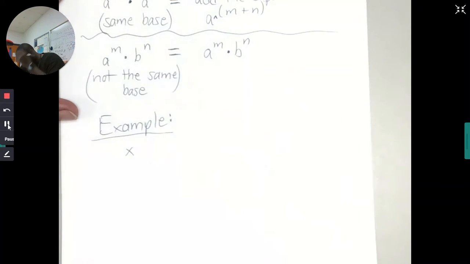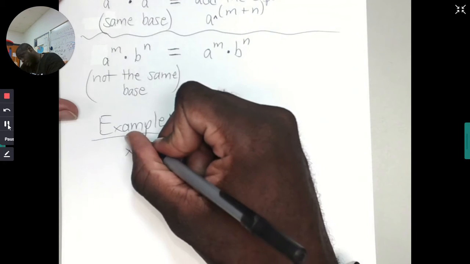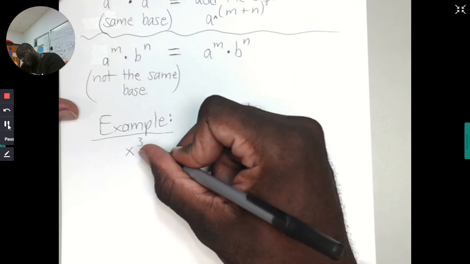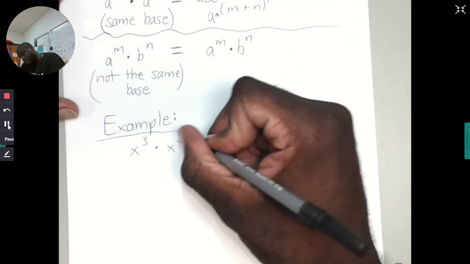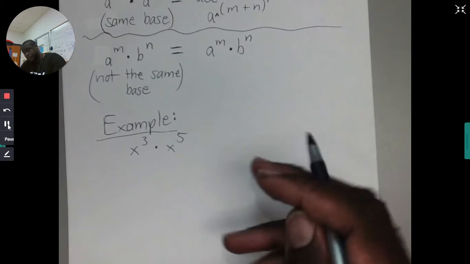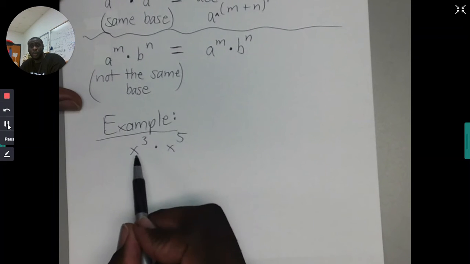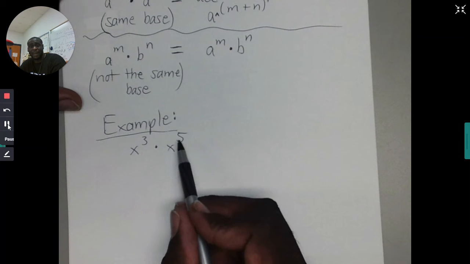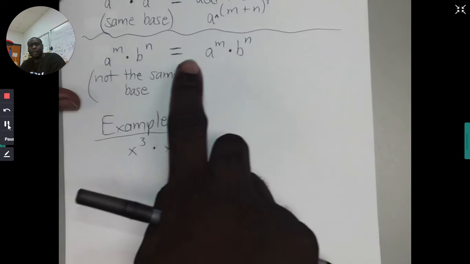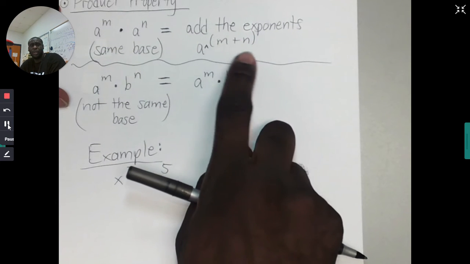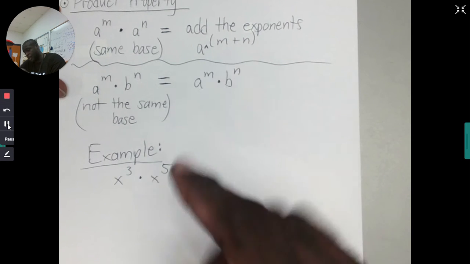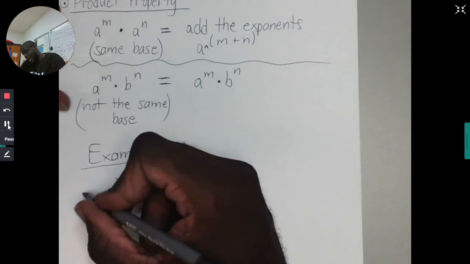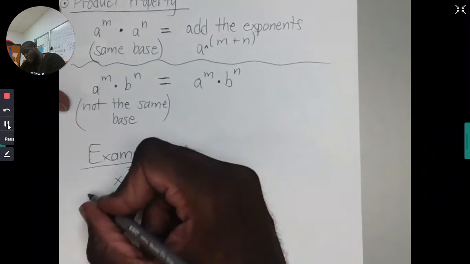Let's say we had x to the third power times x to the fifth power. Here we've got 3 x's, here we've got 5 x's. Even if you didn't remember this property, I'd rather do too much than not do enough.